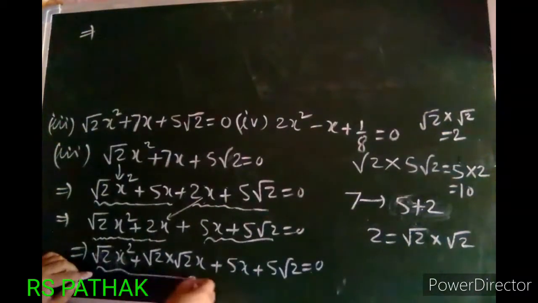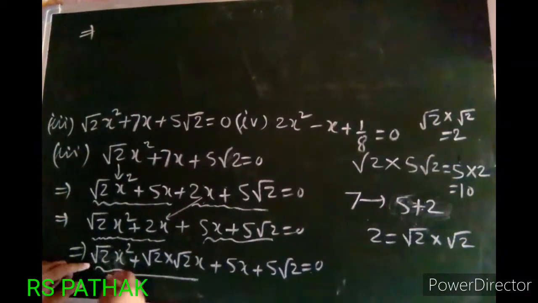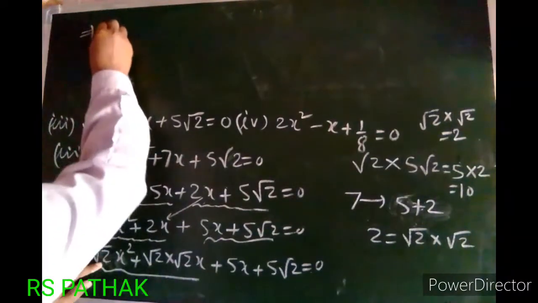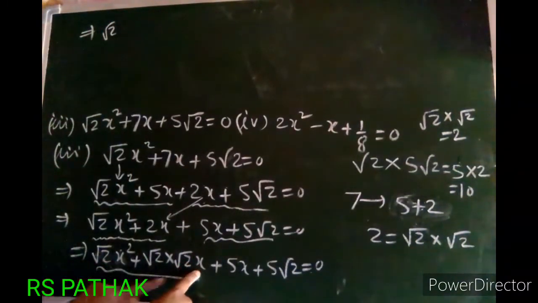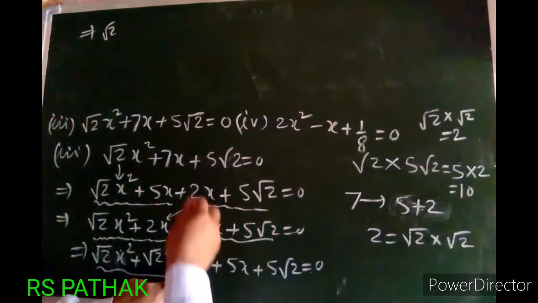In this group, I am taking √2x² common, and x is common because the smallest power of x is 1.